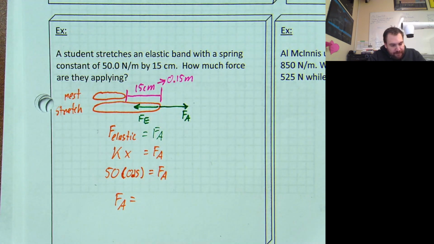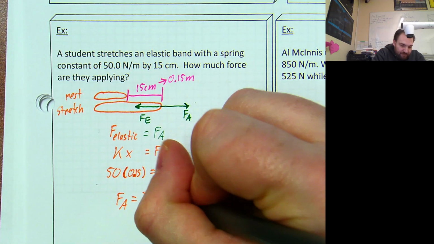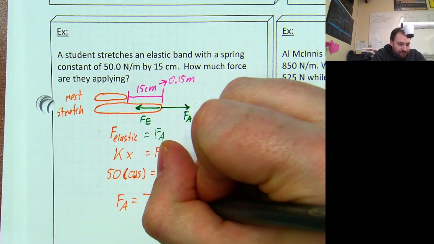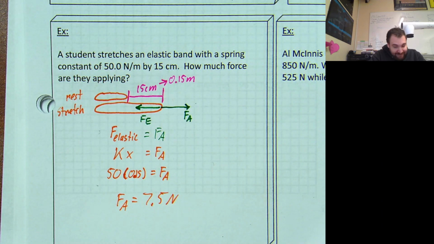So what is 0.15 times 50? 7.5 what? What are the units on that? Newtons, because it's a force. Cool. That's it.